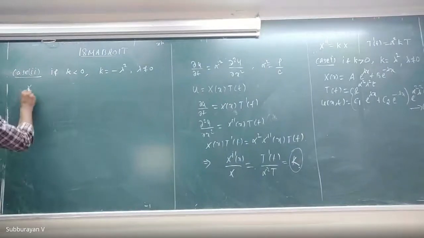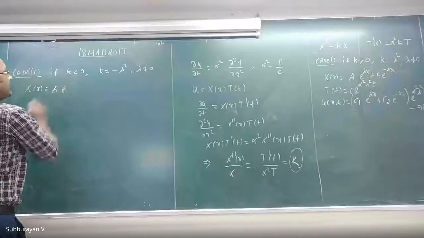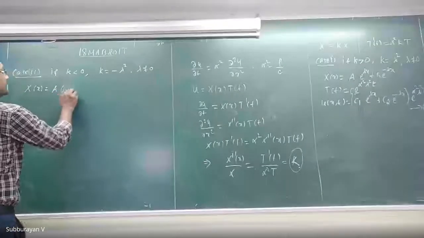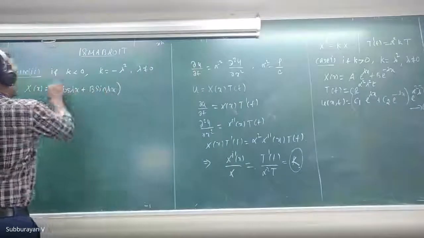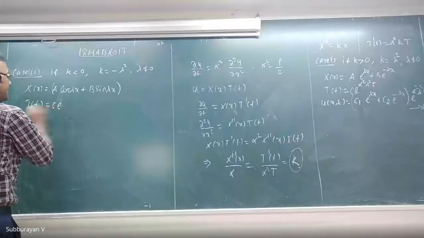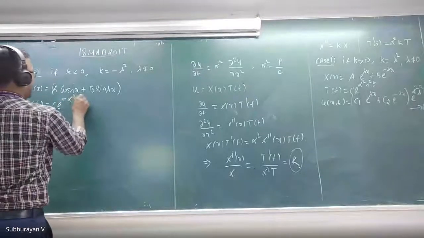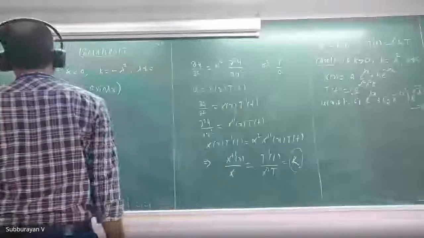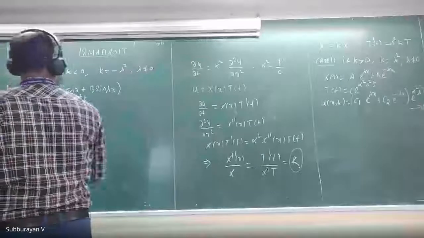Your X(x) is going to be a cos lambda x plus b sin lambda x, and T(t) is going to be some c into e to the power minus alpha squared lambda squared t, where a, b, c are arbitrary constants.